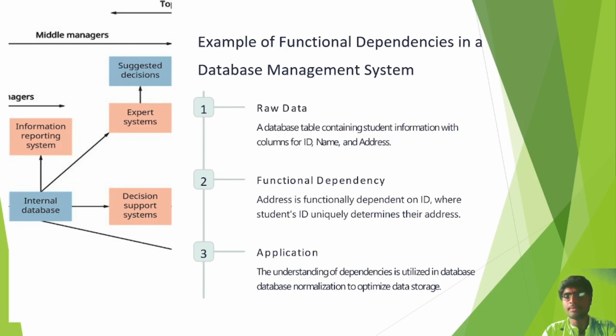In this row data, our database table contains student information with columns for ID, name and address. The functional dependency is that address is functionally dependent on ID, where student ID uniquely determines the address.